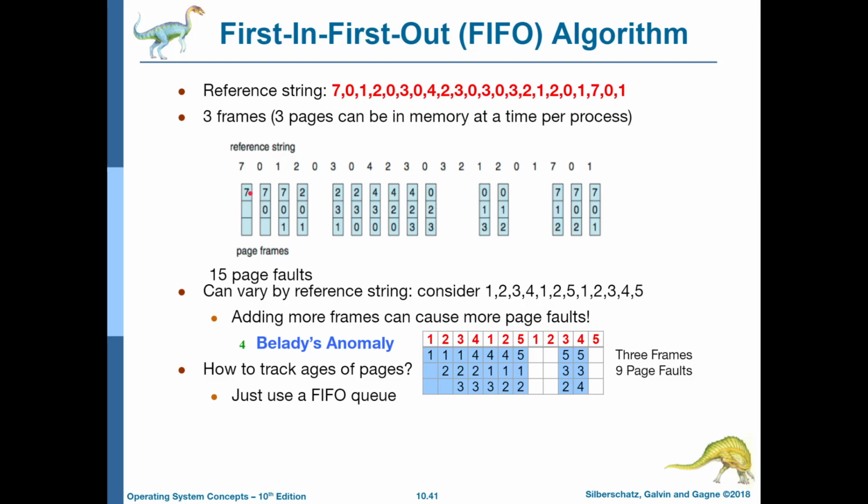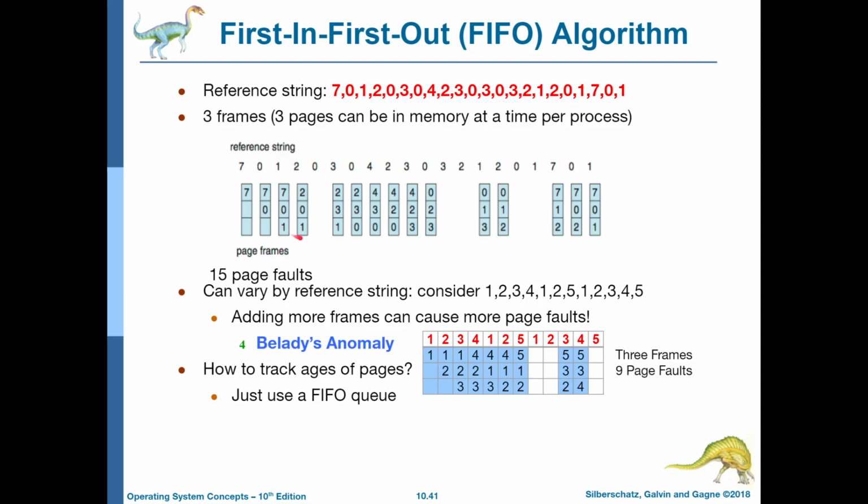In the first in, first out algorithm, when a particular access happens, we just simply load the next frame of memory with that page. And right now we're just loading in empty frames. So this is fine, 7, 0, and 1. But now we come to the page access to 2. Well, we've already filled our frames, so what page will we replace?